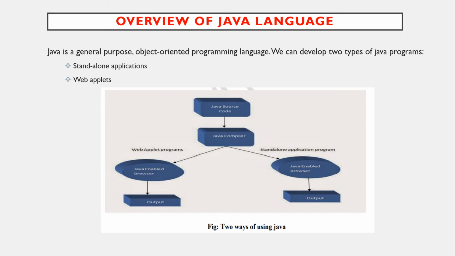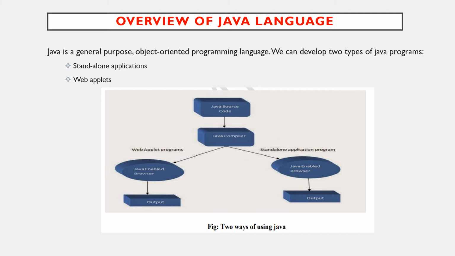Once again, standalone applications are programs written in Java to carry out certain tasks on a standalone local computer. Executing standalone Java programs involves two steps. First, compiling source code into bytecode using the javac compiler.